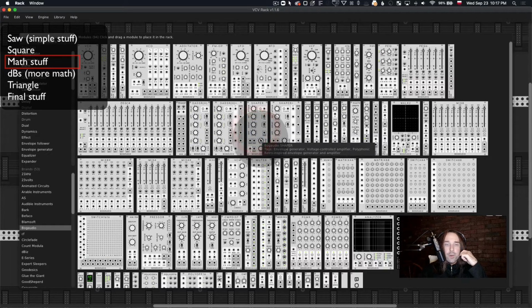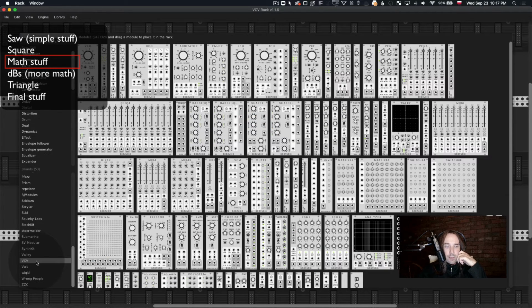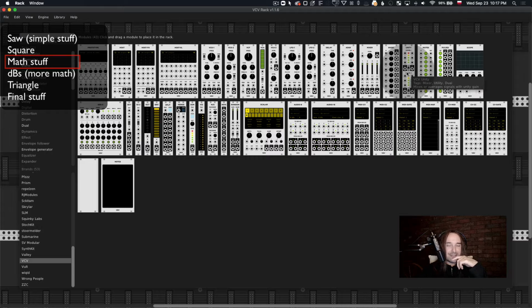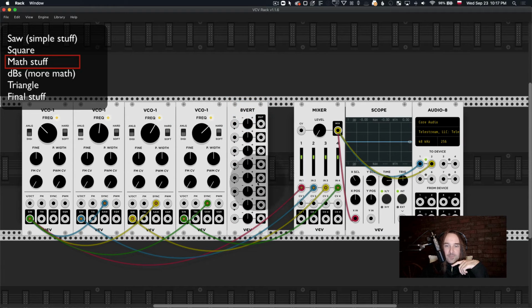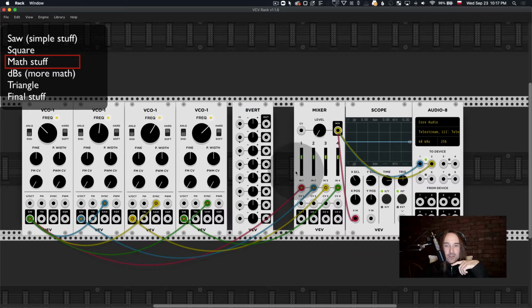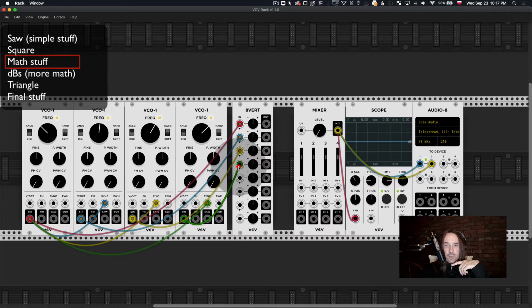This time I'm going to go through a module called Attenuator. Maybe I'll just call it 8-vert. Maybe that's why they call it 8-vert. Before we go to the mixer, the mixer right now is only mixing. It doesn't do anything else to our sound. It's just mixing them uniformly.